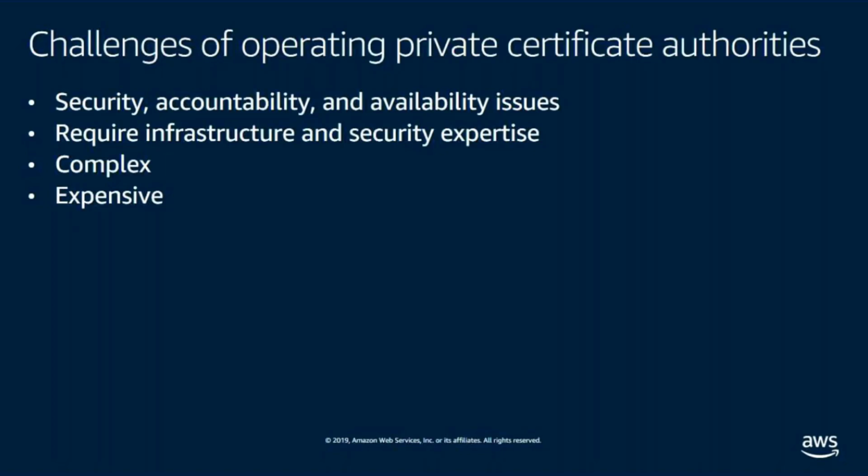At the same time, customers also told us about the problem they had in the same space, which was that operating a CA was challenging. And many of these customers viewed operating a CA infrastructure as undifferentiated heavy lifting that took away from their focus of operating their business, and they wanted AWS to manage this infrastructure.